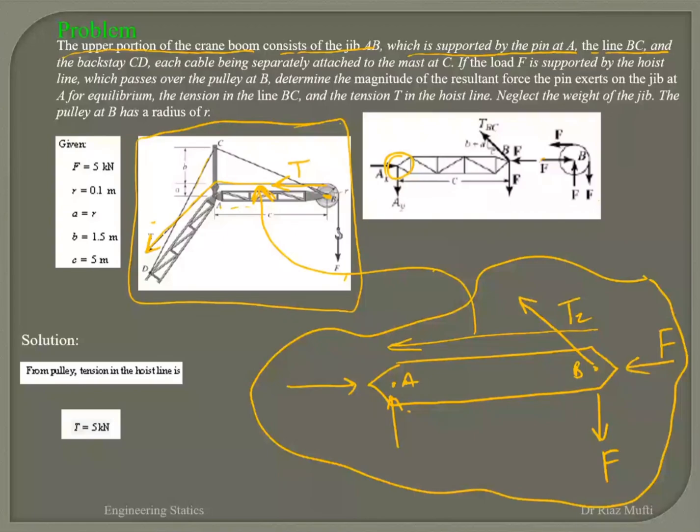Yes, it's not acting on the jib, it's acting on the pulley, and its reactive force is on the pin. And I have got my pin reactive active forces here. That's why. So remember, if I have to draw the free body diagram for any one part, I just draw that part, and all the forces acting on that part only.